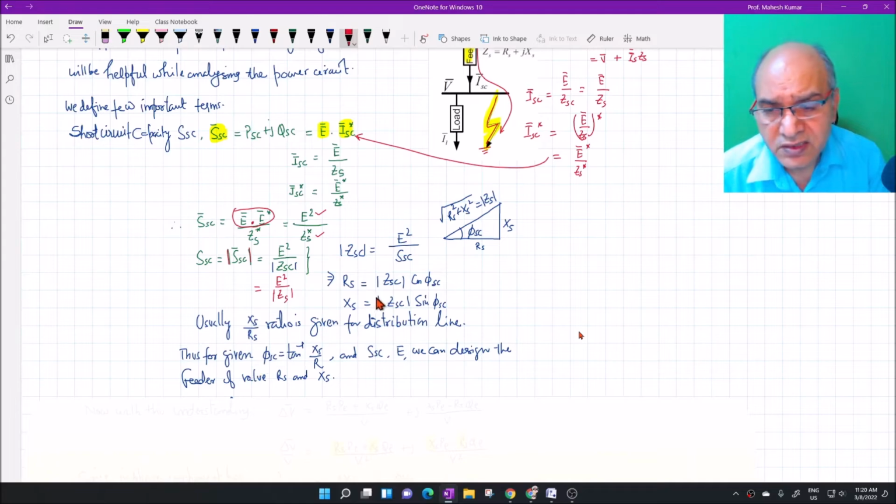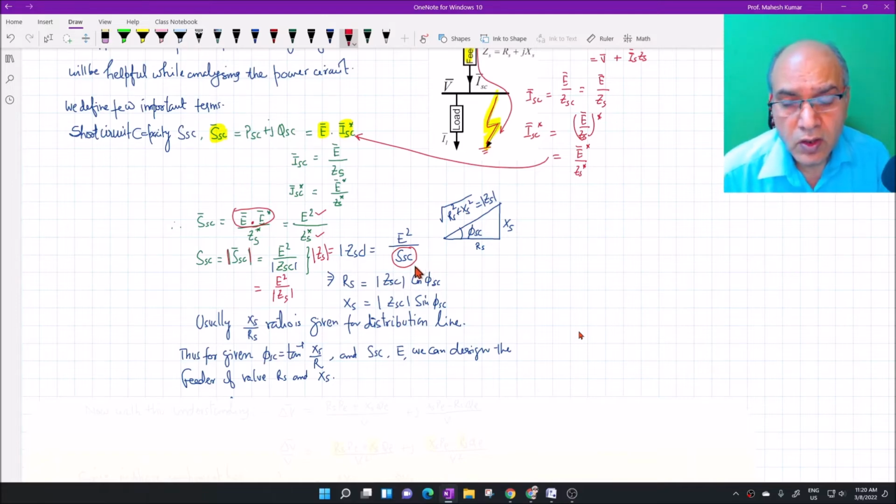Now from this we can also find out the ZSC or ZS in terms of the voltage of the bus and the short circuit capacity of the bus. Normally this is fixed for a given bus. When we design the bus, it has certain maximum current carrying capacity, and based on that, for a rated voltage, this value is fixed.